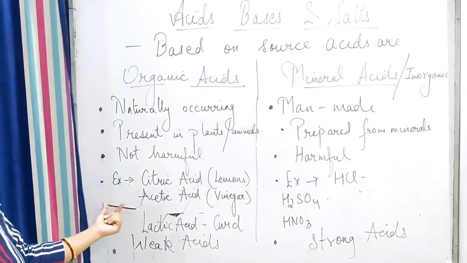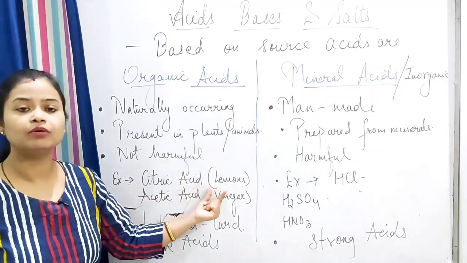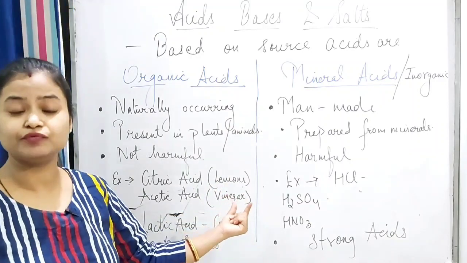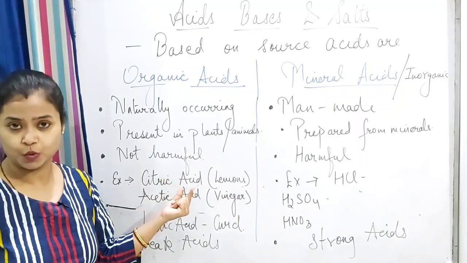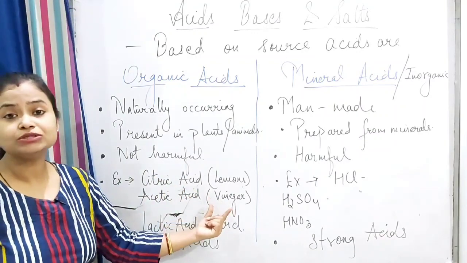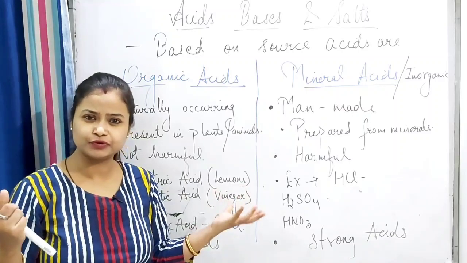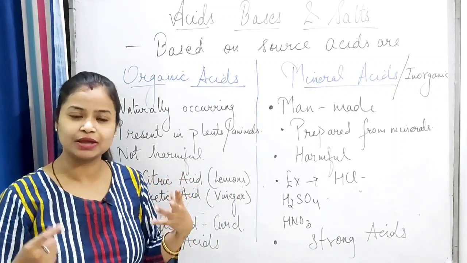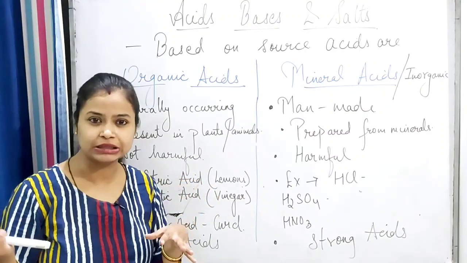I have written here examples of it, like citric acid. Lemons consist of acid. Which acid is present in lemons? It's citric acid. Then one more substance is there, vinegar. In all the Chinese food items, vinegar is compulsorily used, and vinegar is also used as a preservative for certain things.